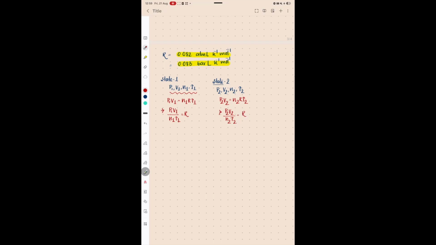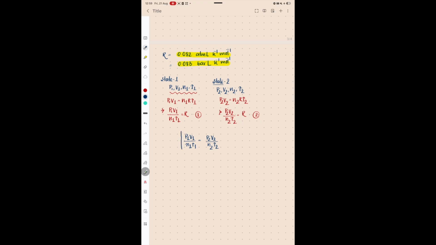So we can see that both are now same. So if I equate these two equations, what I will get? I'll get P1 V1 upon N1 T1 is actually equal to P2 V2 upon N2 T2.